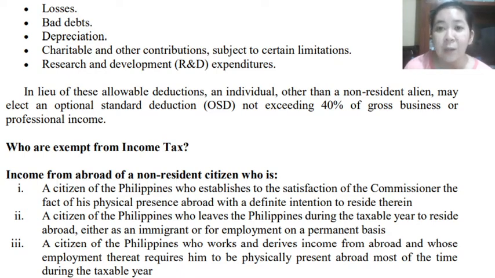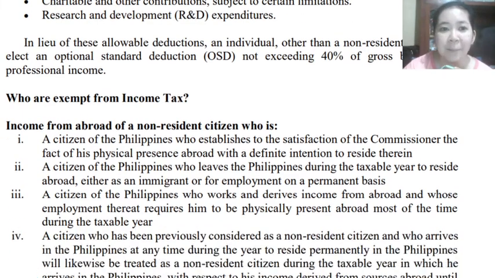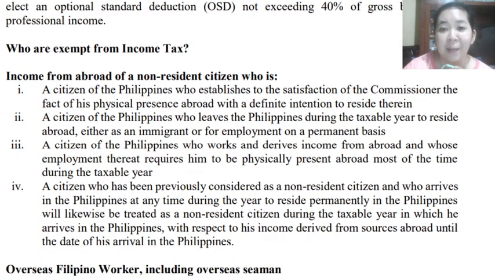You can choose either of the two. First is the OSD, or optional standard deduction of 40% of your gross income, or the itemized deduction. If you choose itemized deductions, you have to show your proof, like the official receipts, to support your claims.